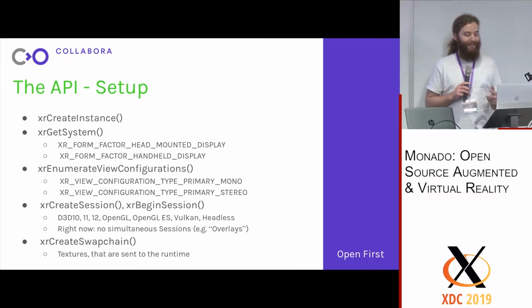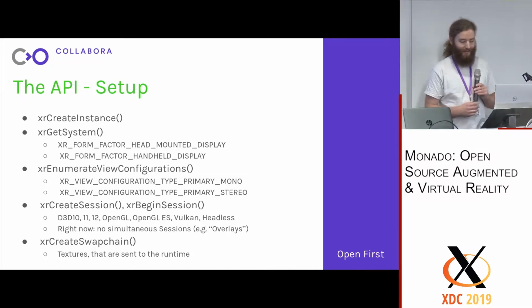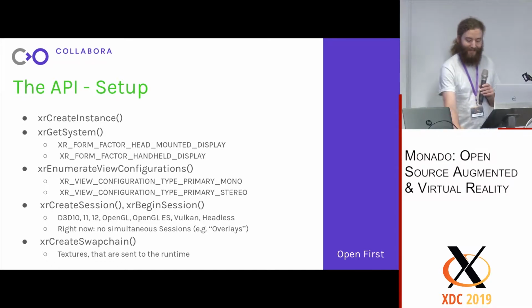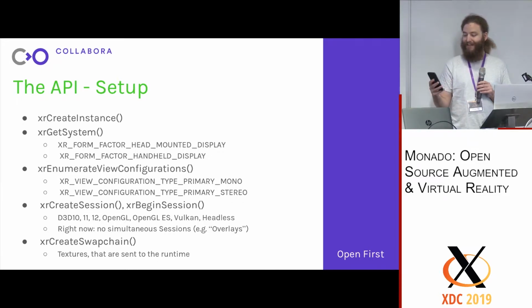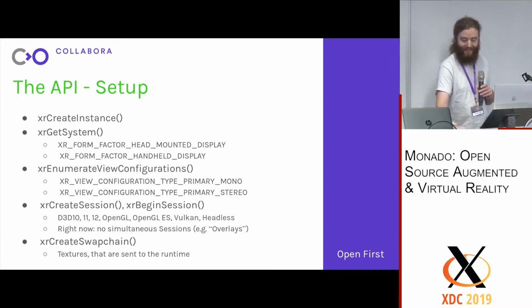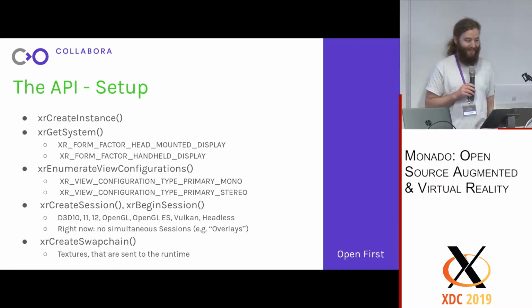OpenXR supports form factors. Currently, in the specification, there is a handheld display, which is basically a smartphone like this. If you render augmented reality stuff like this, you can wave it around, and it will render stuff from the direction you are pointing it in.